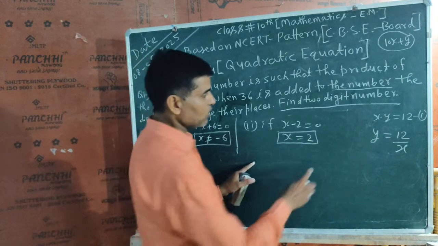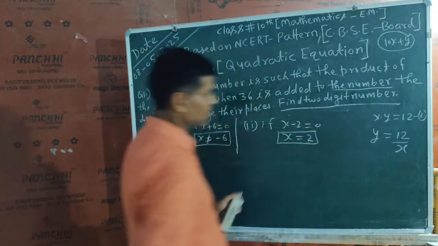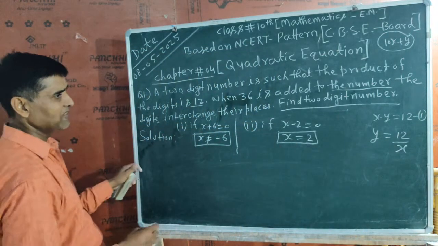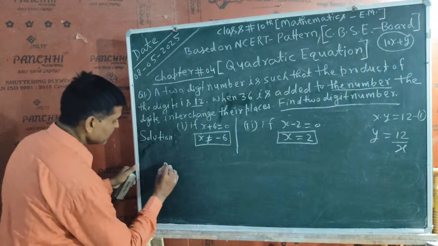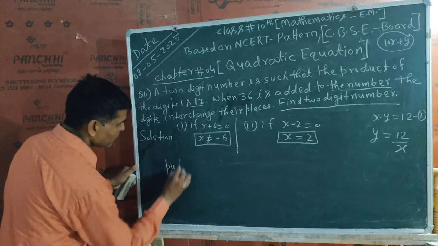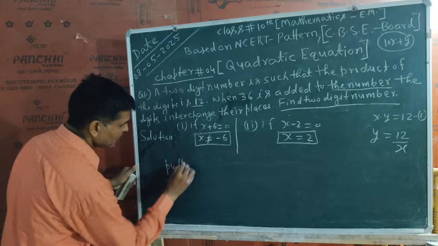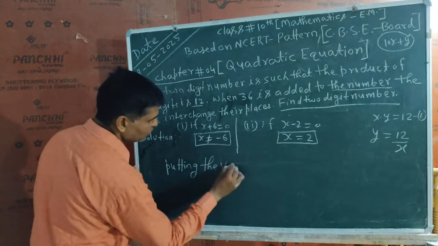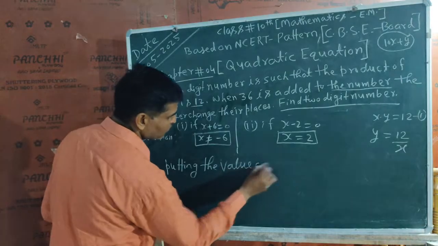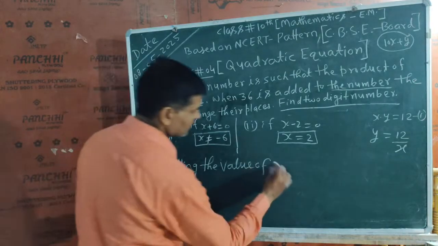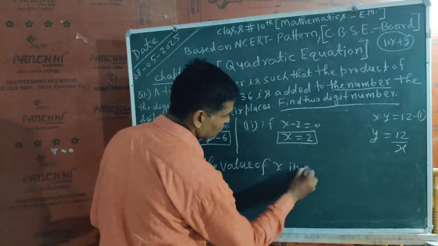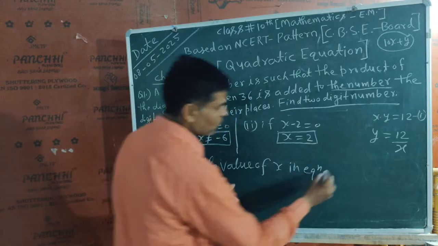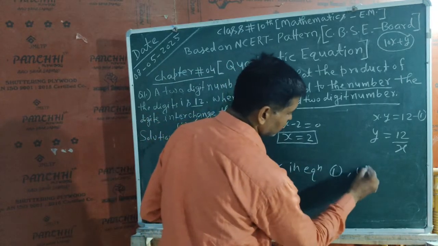So the value of x I will put in equation 1, then we will get the value of y. So here I will write one statement: putting the value of x in equation 1 we get.